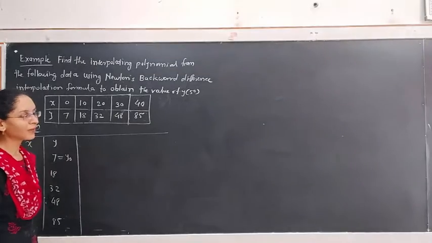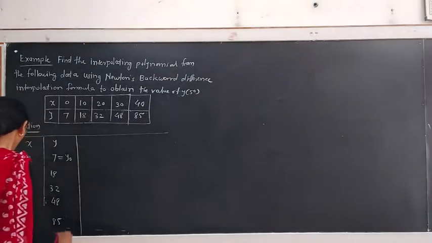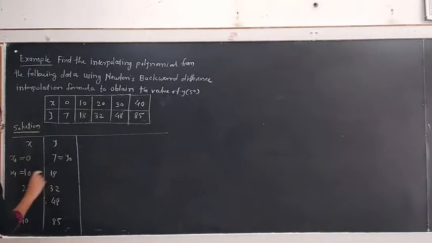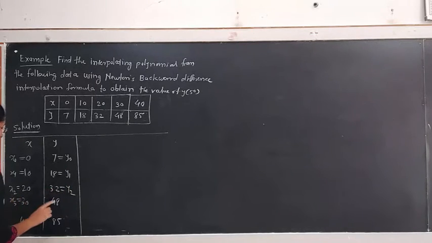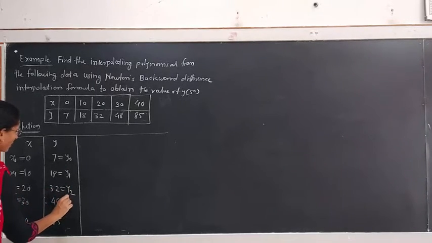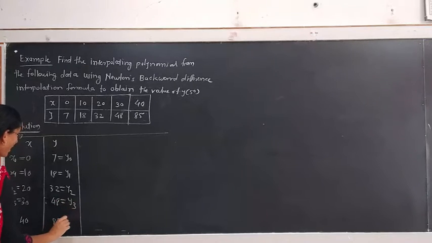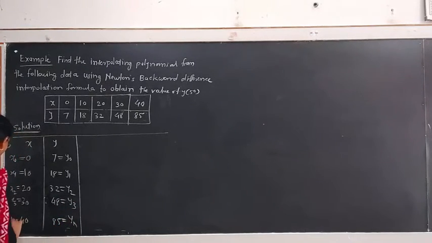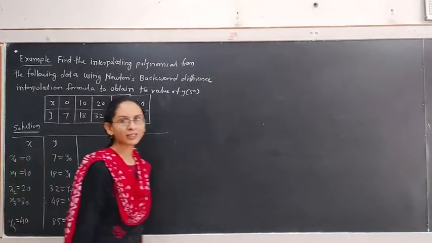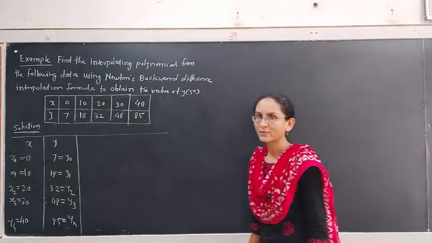Hence, the value of h is 10. For x1 equal to 10, 18 is the value of y1. For x2 equal to 20, y2 is 32. For x3 equal to 30, y3 is 48, and yn is 85, which corresponds to x4. Here there are 4 steps, hence the value of n is 4.